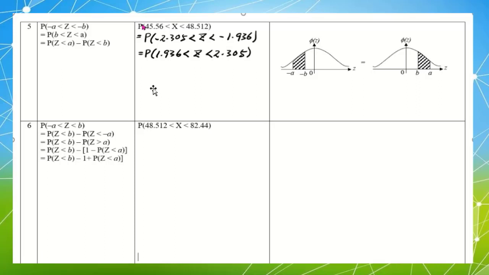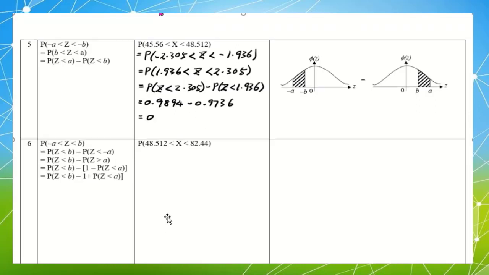So now when I separate, I get probability z less than 2.305 minus probability z less than 1.936. Now I can see I'm ready to use the table. From the table, I find that the probability is 0.9894, then minus 0.9736. And after minus, the answer is 0.0158.